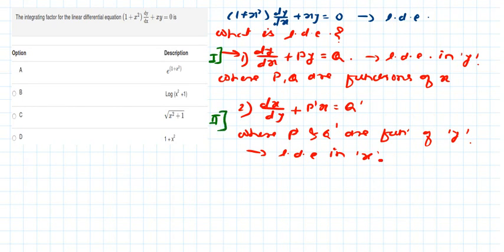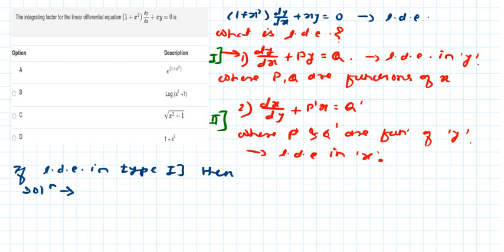If the linear differential equation is of type 1, then its solution will be given by y into integrating factor equal to integral of integrating factor into q dx plus c, where the integrating factor will be e to the power integration p dx.